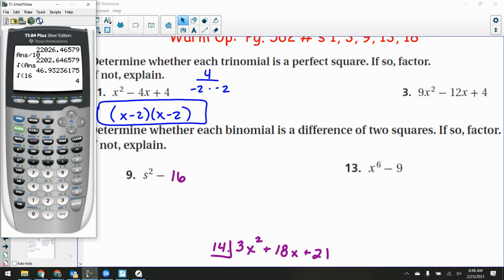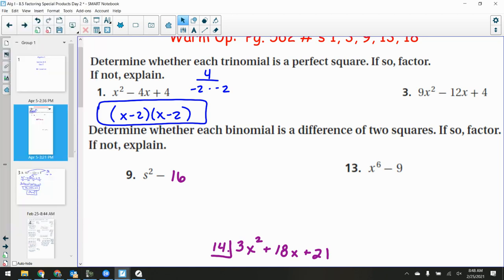Okay? So I look for, is it a difference? And are they all perfect squares? So let's check number 9. Because that's the only thing that we would be able to do with a 2-term polynomial, with a binomial. First off, is it a difference? Is s squared a perfect square? Is 16?